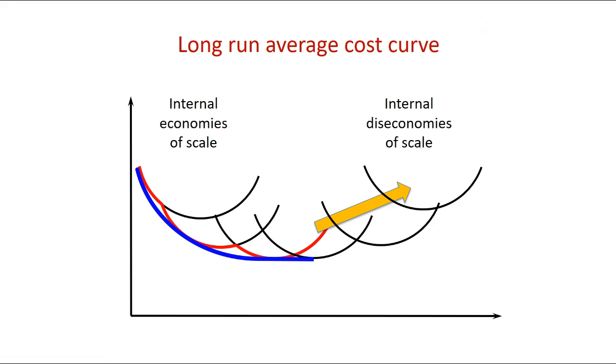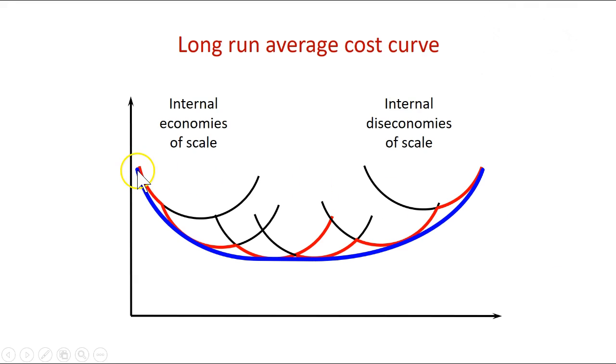And that means that the lowest points on these cost curves, so ignore this red line here, will be the long-run average costs. So we can make a nice smooth curve in that way.